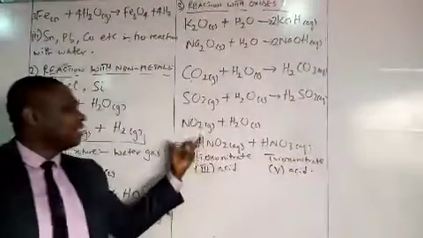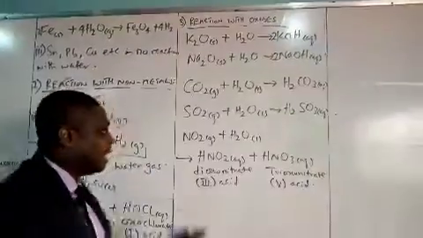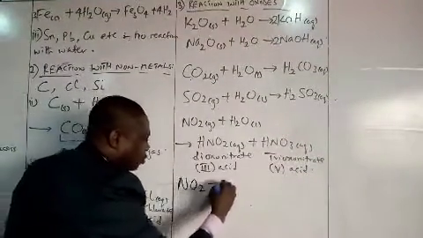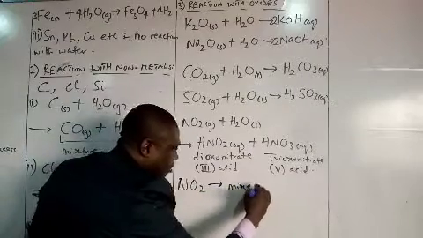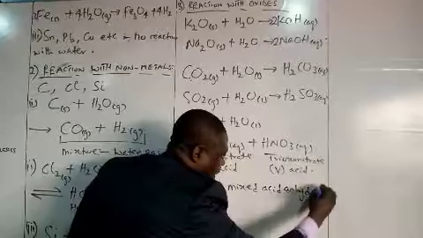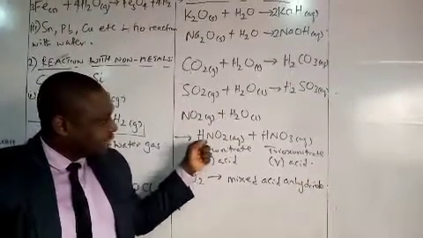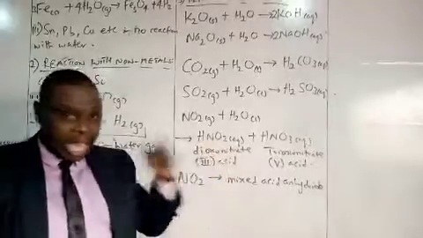So you can see that NO2 is different from the others, as NO2 is known as a mixed acid anhydride. So do not forget, it is only this oxide that can form two types of acid.